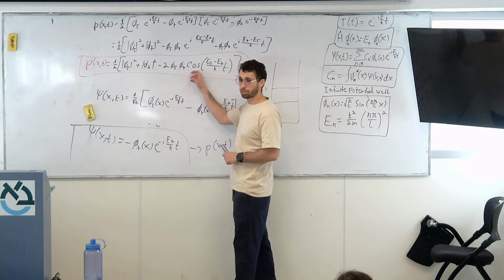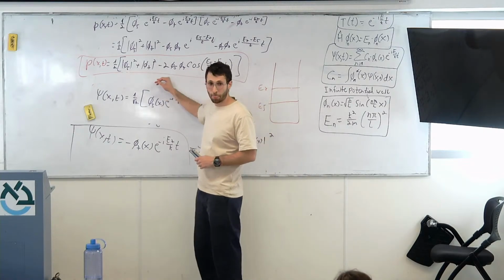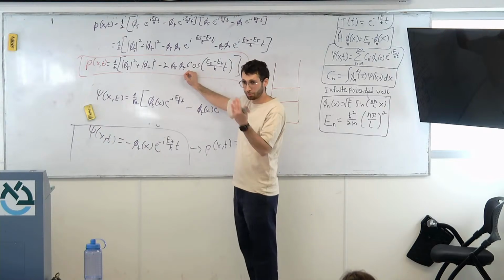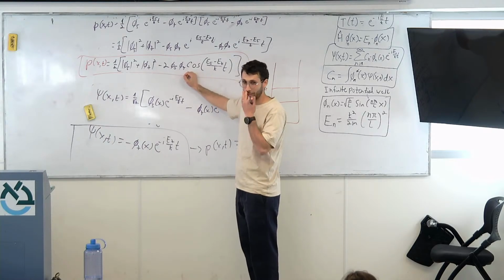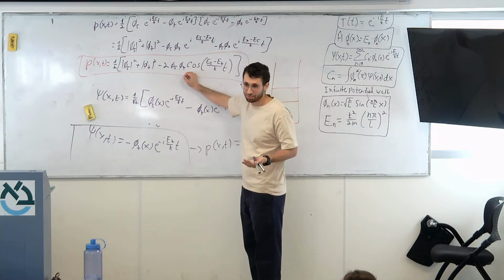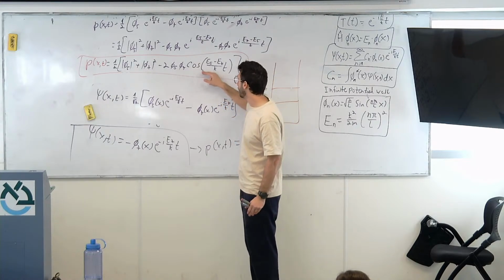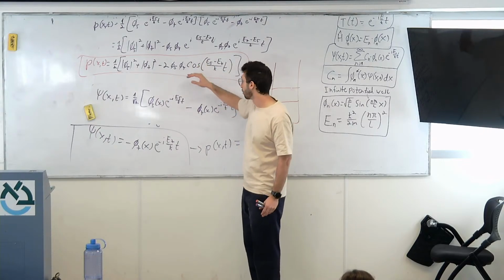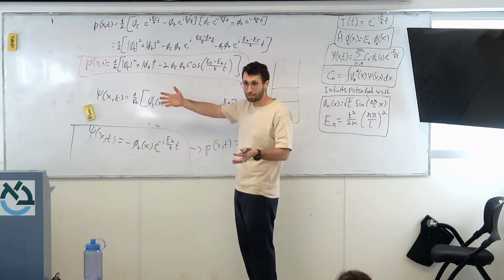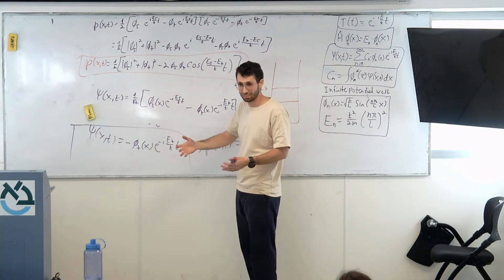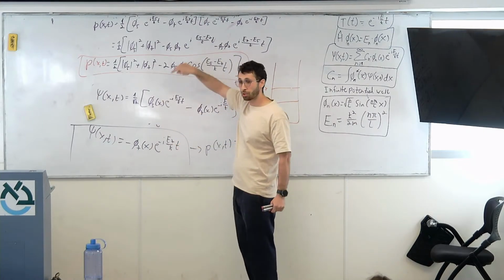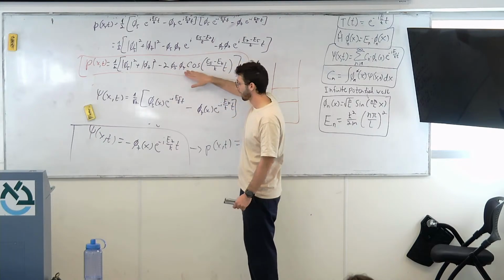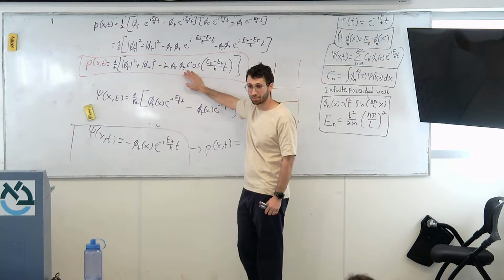So here say you have 1, and here we have something which is not 1. And it's problematic because we can have probability of 1.5, and we also can have probability of half. But what we have here is something which oscillates between one and another. So on average, you will get a probability of 1 of being somewhere. So if we integrate over all time, what we're going to get in this term? 0.